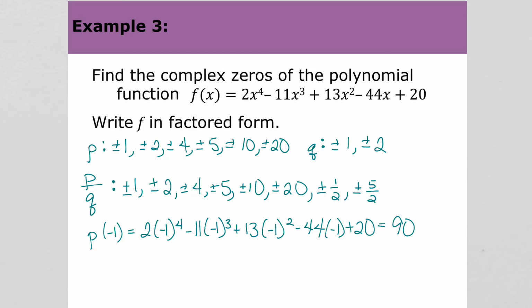So -1 is not a 0. So we try 1. And we get -20. Therefore, 1 is not a 0. So next in our list is -2. And we get 280. -2 is not a 0. So we try 2. And that gives us -72. So 2 is not a real 0.